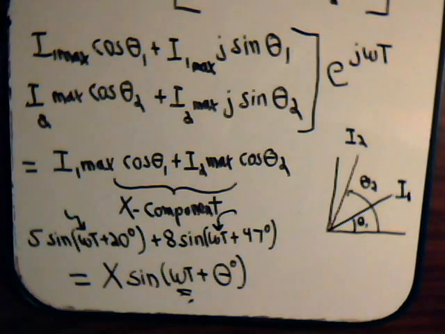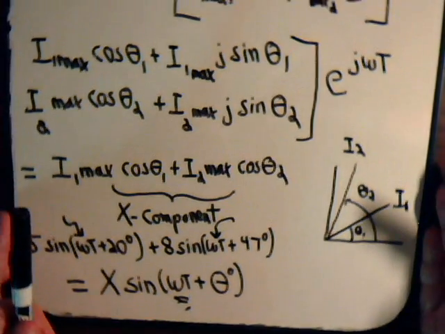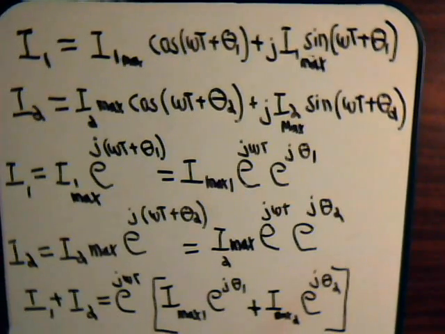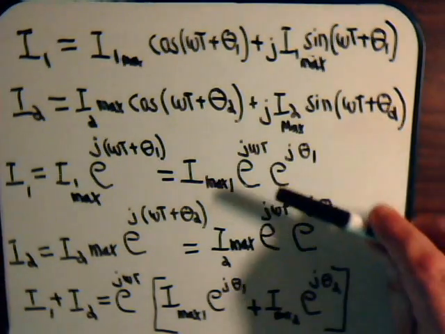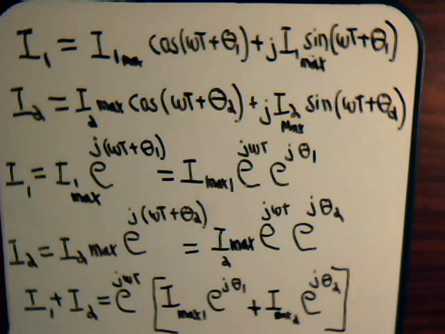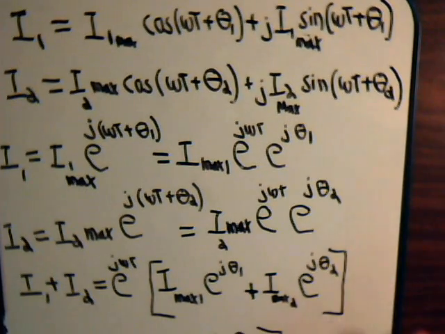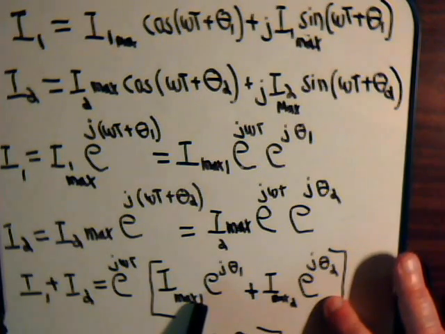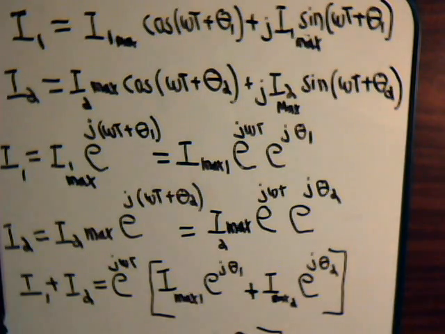angular velocity. And again, it all comes back to this right here, that this is the same, this is the same, so when we add them together, this just factors out. And in fact, doing this step is just simply adding x components and y components together, like you saw us do in the previous two videos.